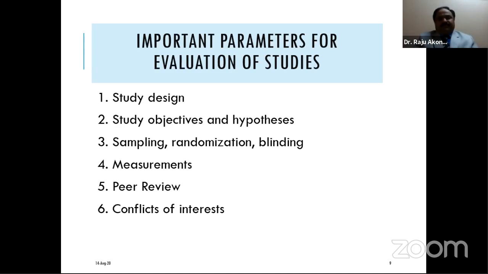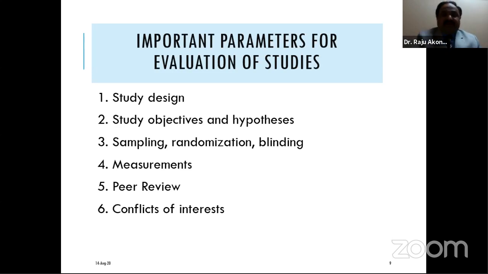Now for practice, you can do one thing. You can find some study which is done recently, download that published paper, and then look into its study design. Write it down, what type of study design they used. What are the study objectives and hypotheses they had? What are the sampling techniques, randomization, and blinding they had? All this, please note it down on a paper.